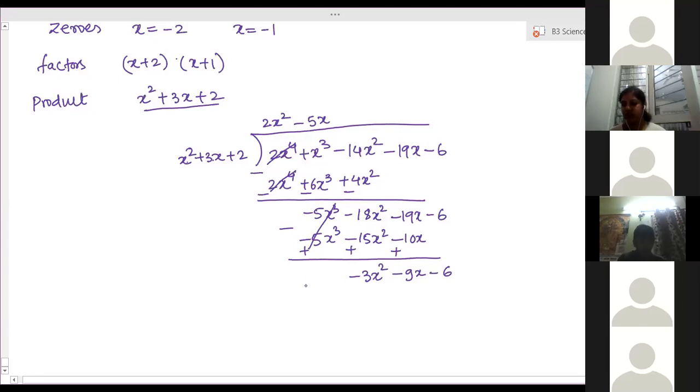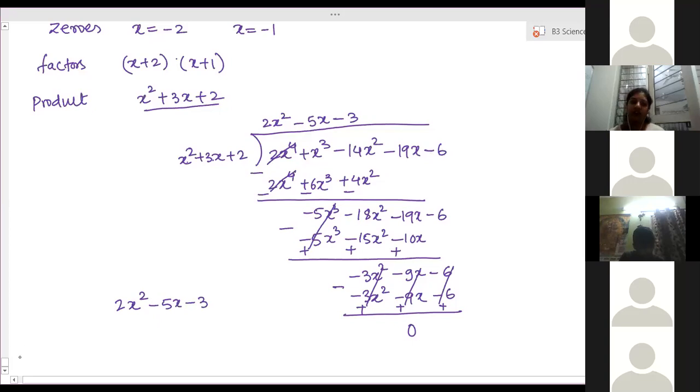So the next quotient is minus 3. Minus 3 times the divisor gives minus 3x squared minus 9x minus 6. Subtraction, all will get cancelled. 0. So we got the polynomial 2x squared minus 5x minus 3 as the quotient. The quotient will also be a factor of this polynomial.